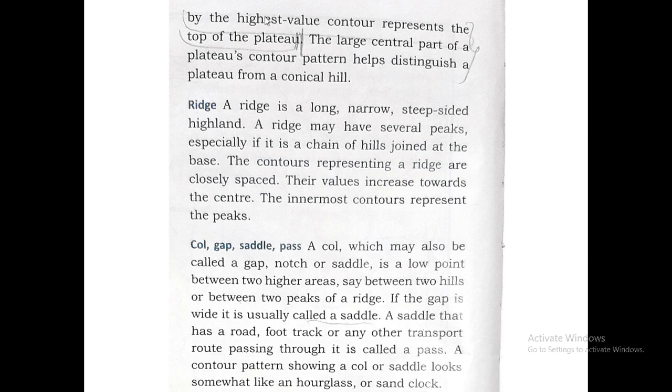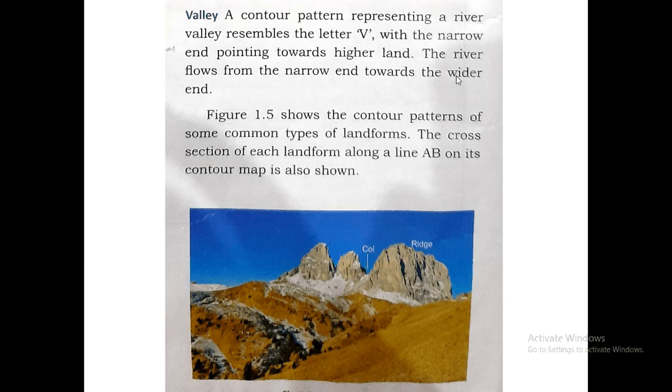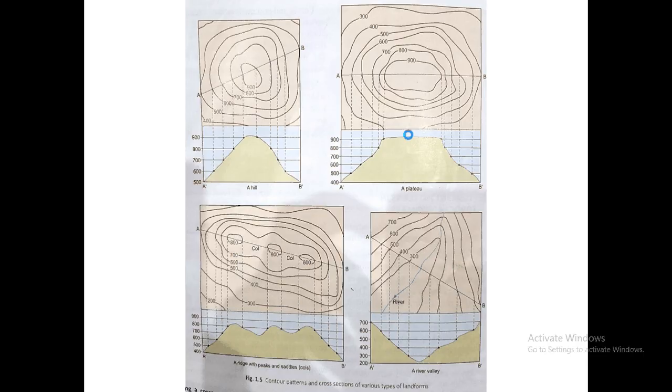The large central part of a plateau contour pattern helps distinguish a plateau from a conical hill. So if you can see in this diagram, this is for the plateau. Okay, and this is for the hill. This is circular. This will be known as the peak of any mountain or a hill.